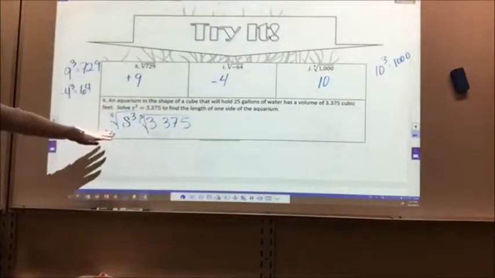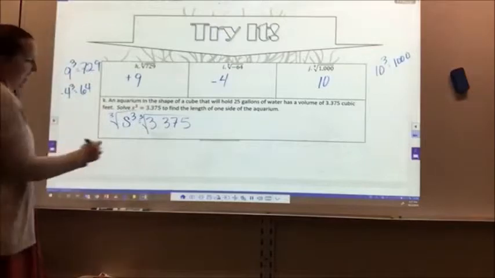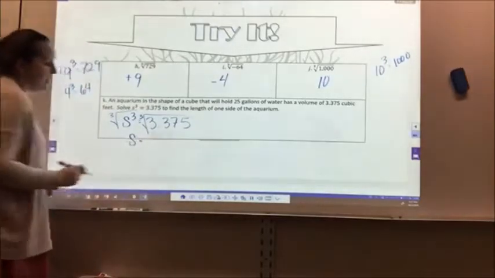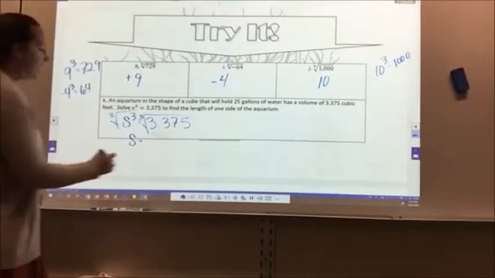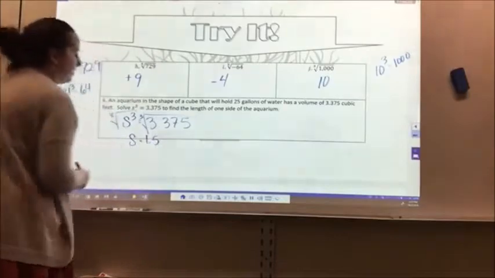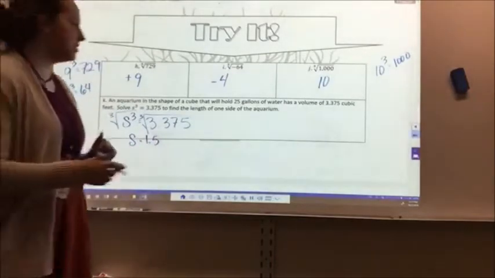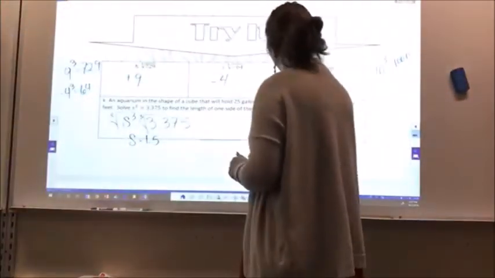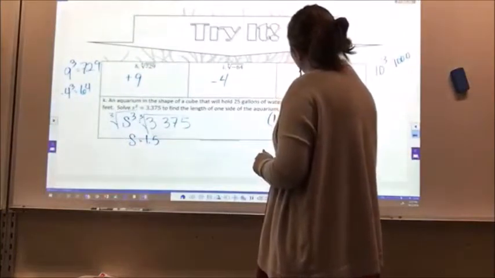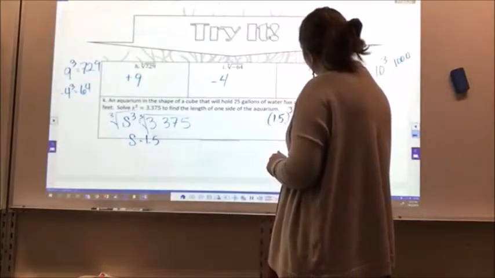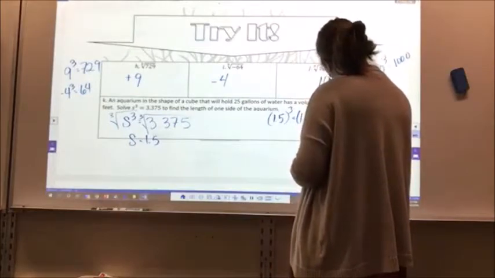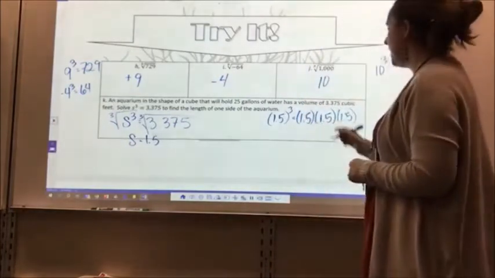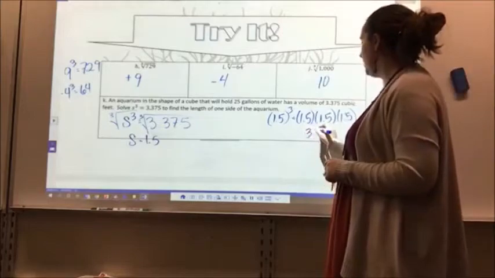The cube root of s cubed is s. And the cube root of 3.375 is 1.5. You can always double check this by doing 1.5 cubed. So this is 1.5 times 1.5 times 1.5. And when you do this, you will get 3.375.